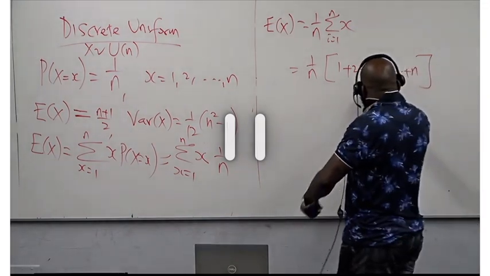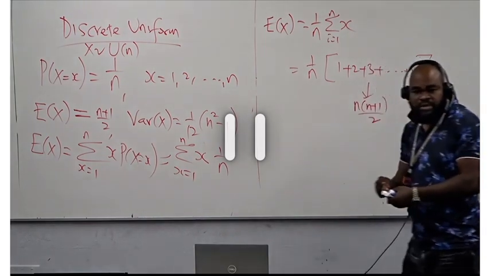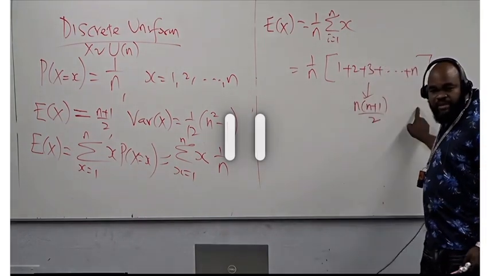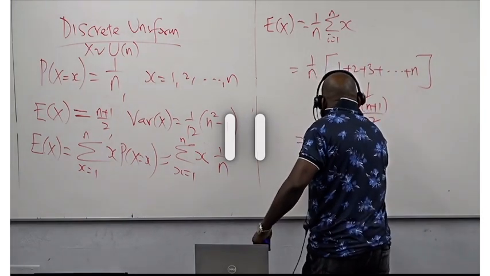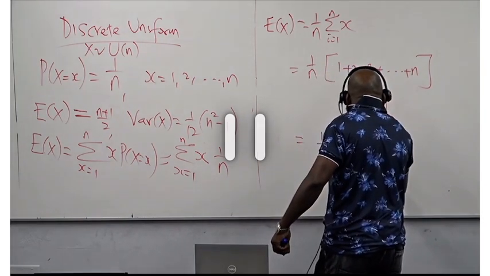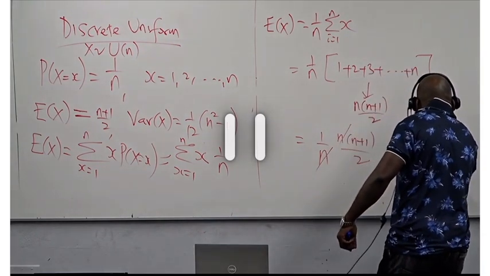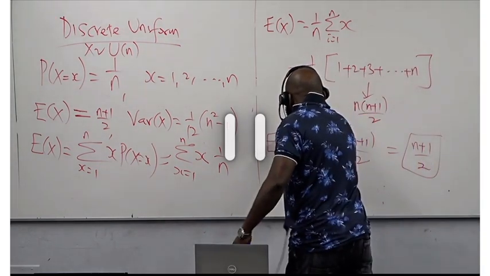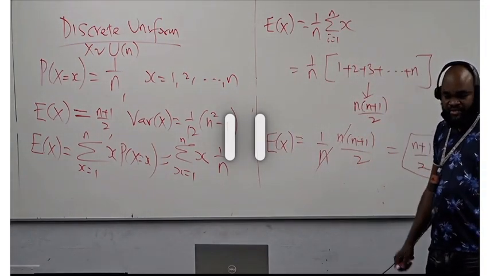The formula is n times (n plus 1) divided by 2. So I do 1 over n times n(n plus 1) over 2. The n cancels n. What do I have? (n plus 1) divided by 2. So that is how to show the expected value of x for discrete uniform.